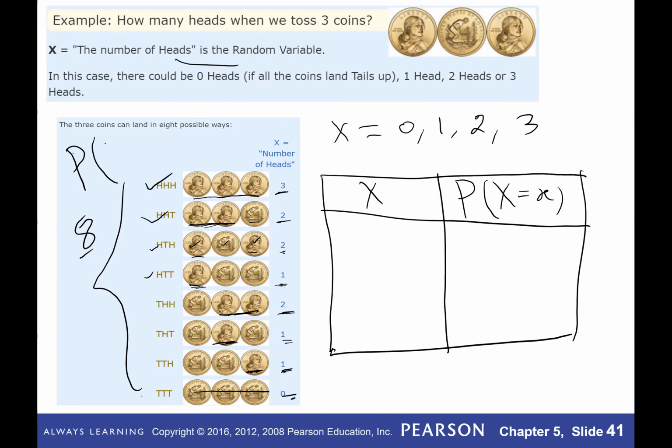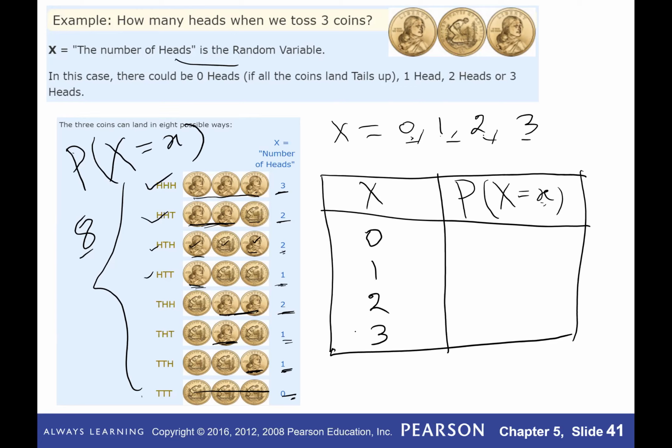If X is a random variable, then capital X represents the random variable, and small x represents a specific value. So what are the specific values? We have 0, 1, 2, 3. This small x represents either 0 or 1 or 2 or 3, and capital X represents the random variable. So what are the possible values? 0, 1, 2, 3.